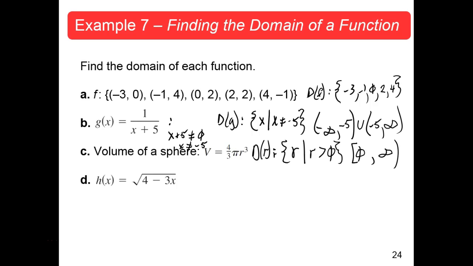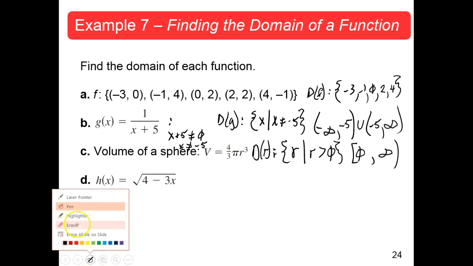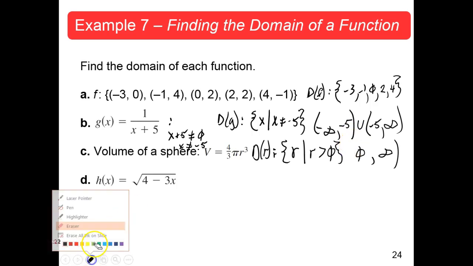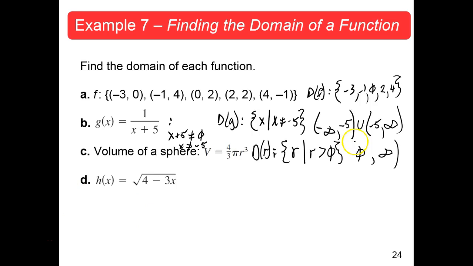Oh, you already have. It's just not here. There isn't one. So what does that mean? Can't be 0. And how do we designate that? Say again? A parenthesis at 0, because it cannot be 0. Okay? Very good.